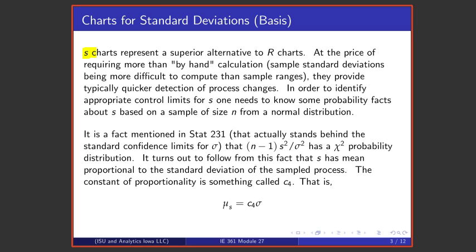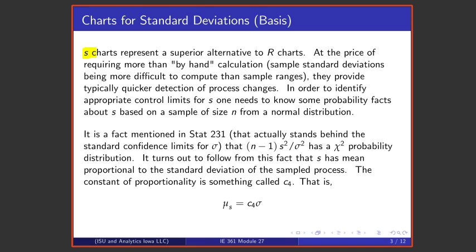These days that isn't typically a problem, but the R chart is well entrenched just from force of use over going on 100 years now. But an S chart is a better alternative.